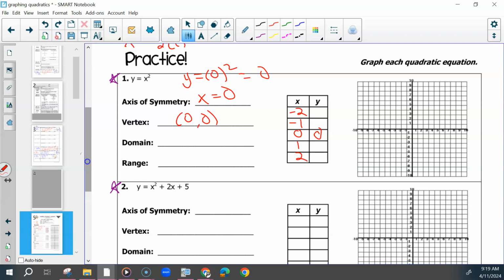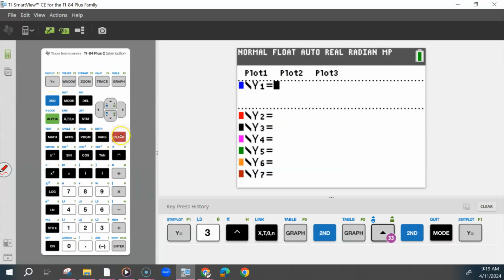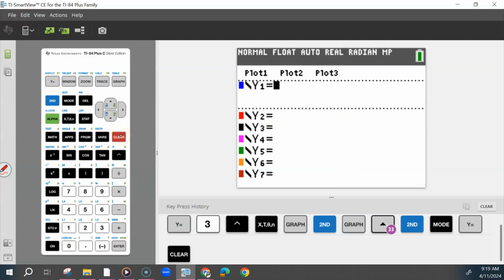And then to find your y values, you could do a couple different things. You could put each x value into the equation and find each y value by hand or in the calculator. I'm going to show you how to do that in the table in the calculator. So in your calculator, go into your y equals, whatever's there, clear it out, and then type in x squared.